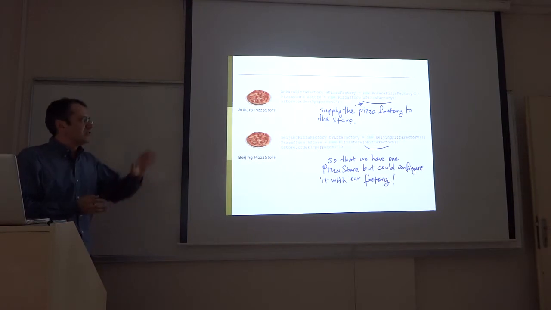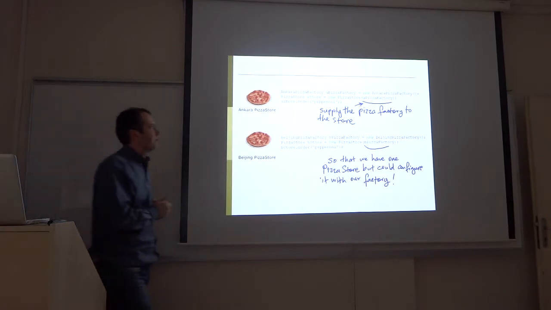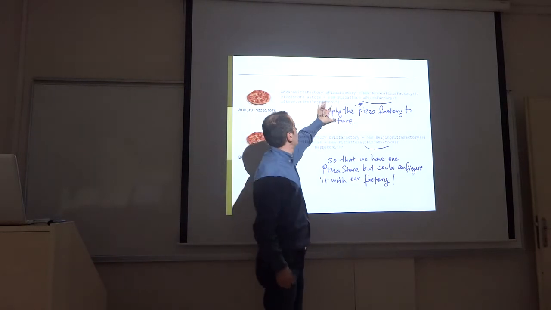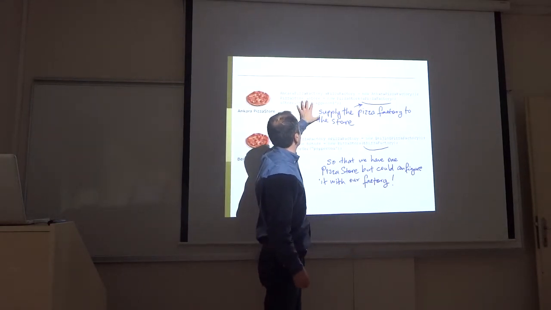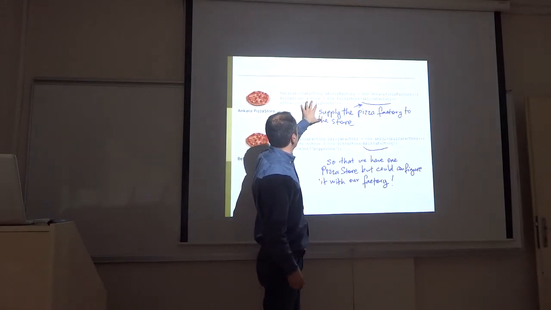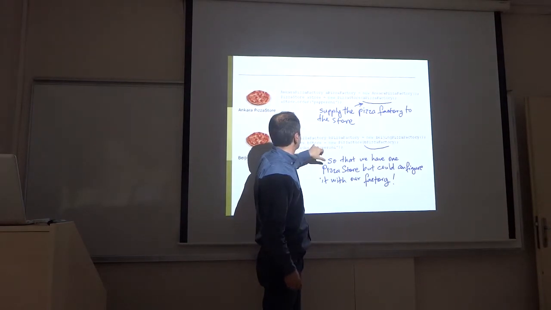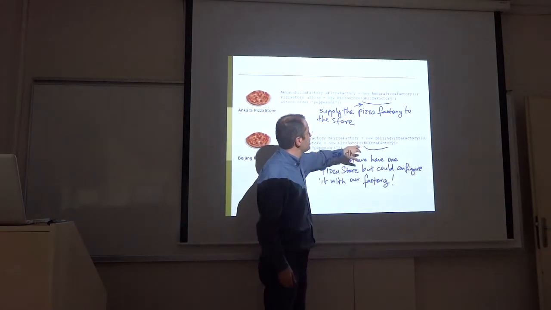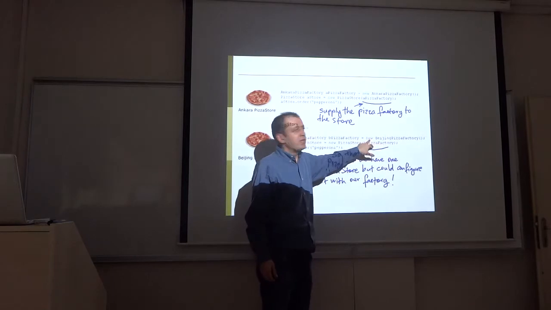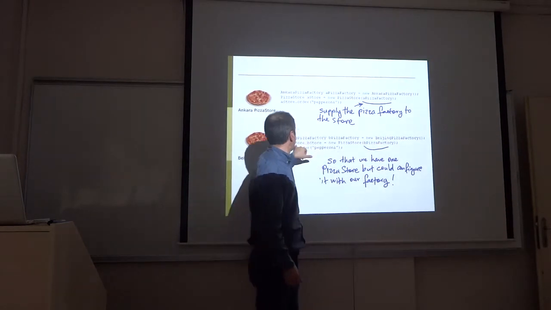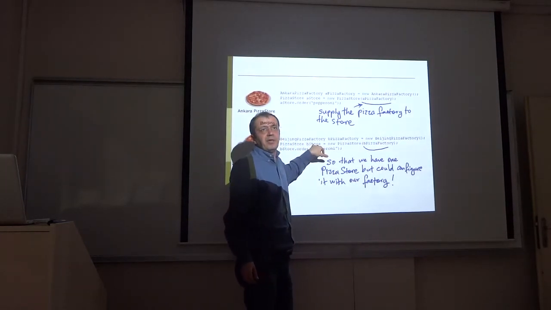So, okay, this is some extra explanation, so that you already understand it. What I do here is that when I'm creating the Ankara pizza store or the Beijing pizza store, the only difference is the pizza factory. When it's a Beijing pizza factory, it's of course going to be a Beijing style pizza factory.